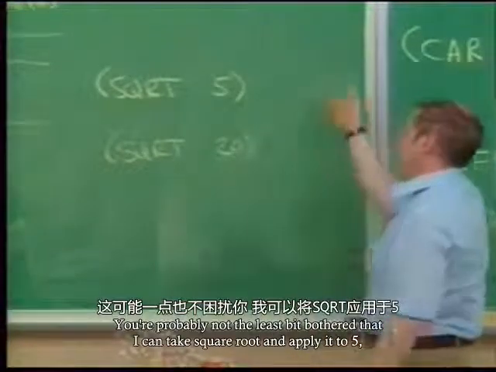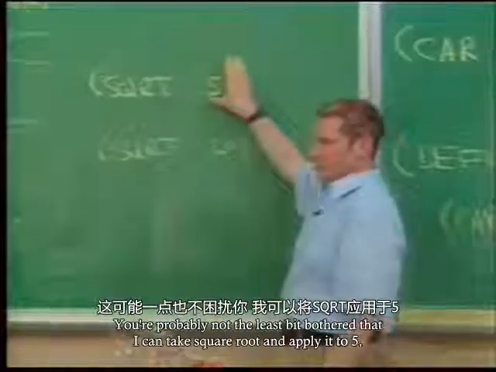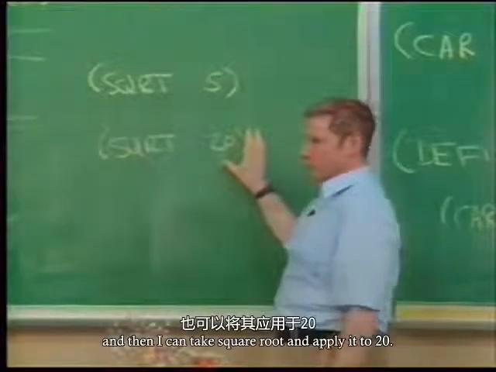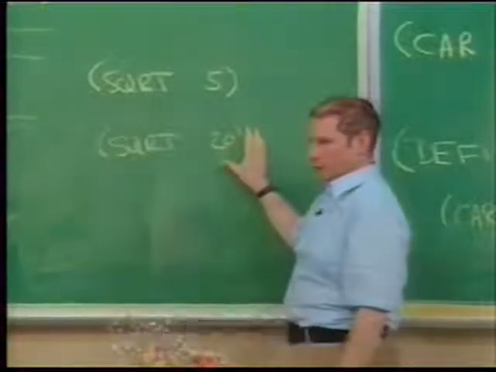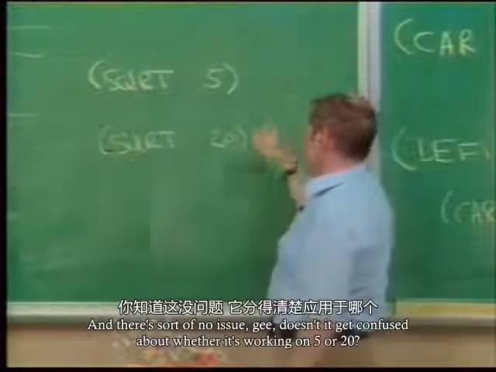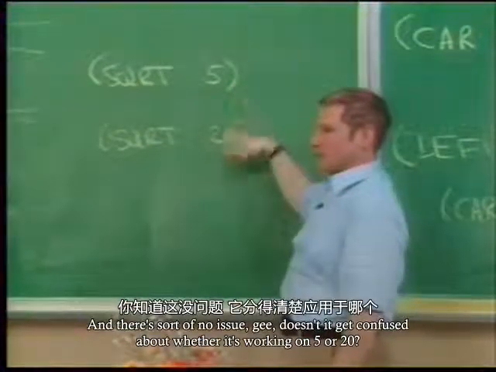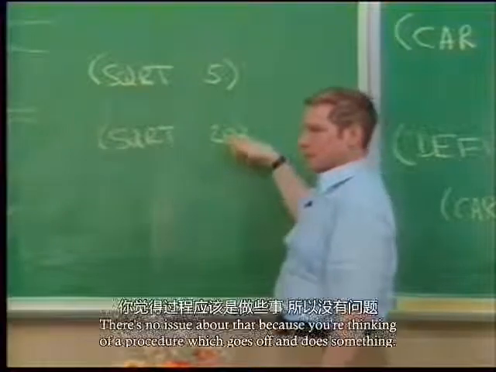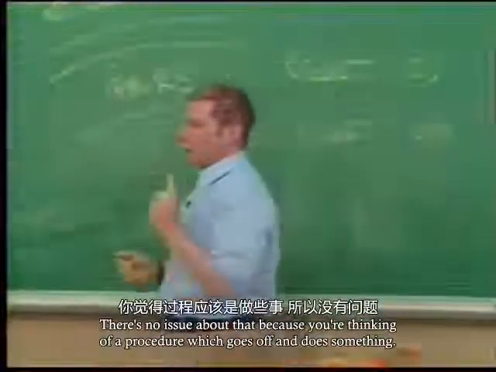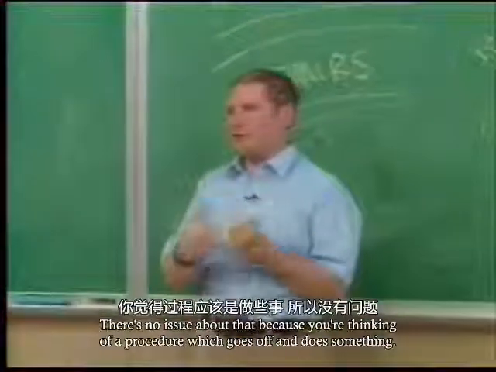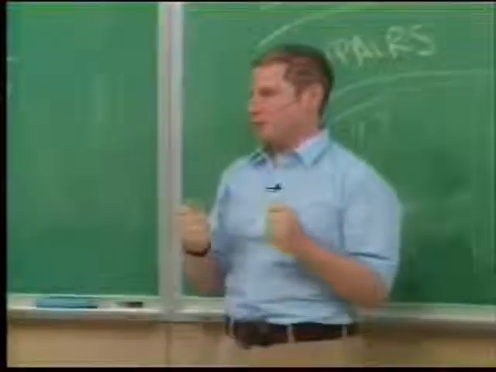You're probably not the least bit bothered that I can take square root and apply it to 5, and then apply it to 20. There's no issue. Gee, doesn't it get confused about whether it's working on 5 or 20? There's no issue about that because you're thinking of a procedure which goes off and does something.